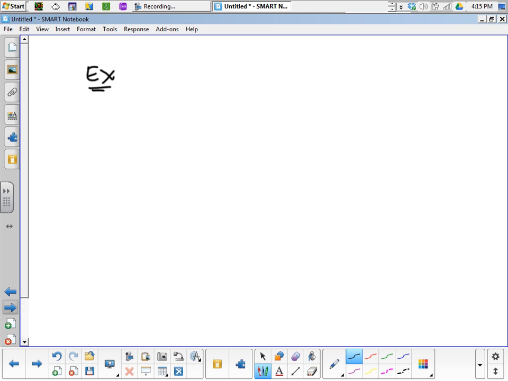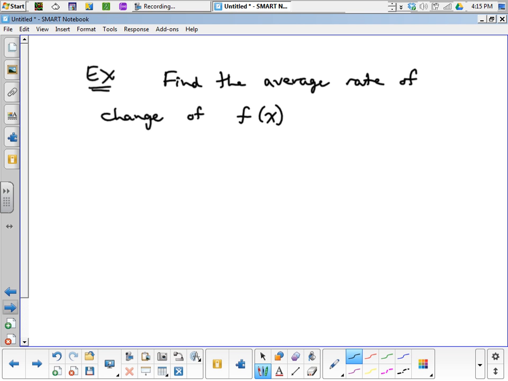Let's say you're given a problem, and you are asked to find the average rate of change of f of x, and let's just assume that f of x is, we'll do something real simple.